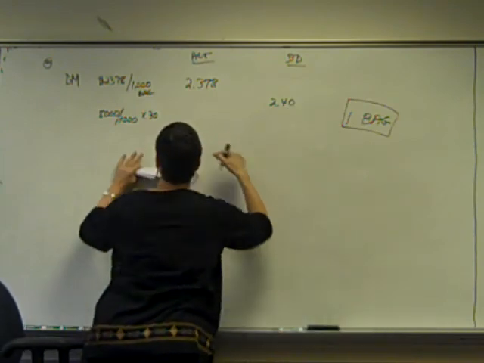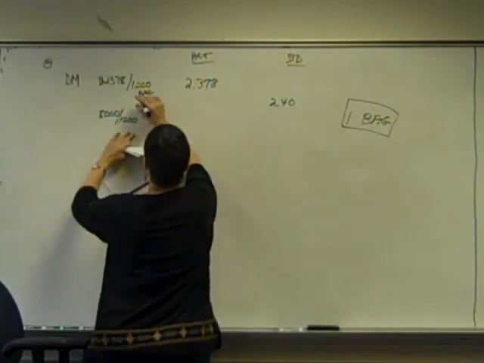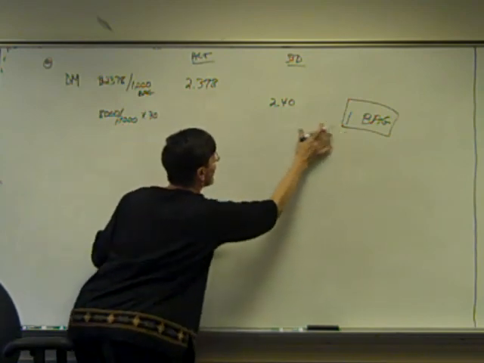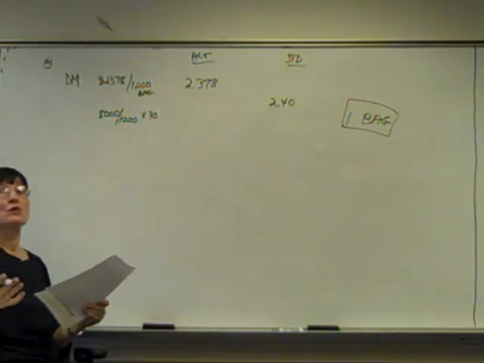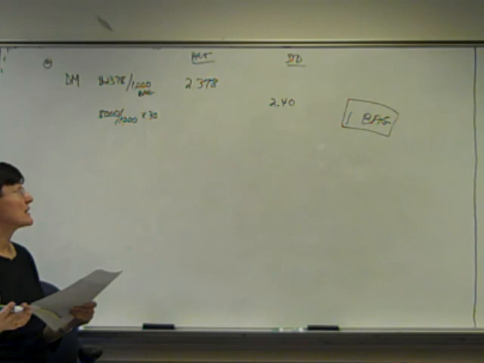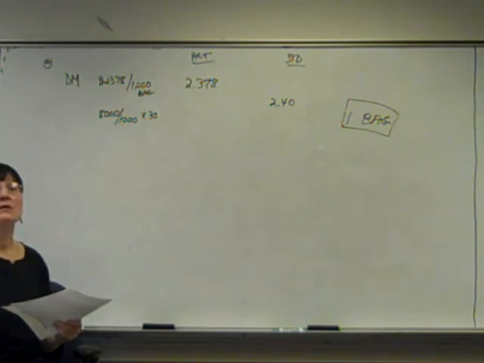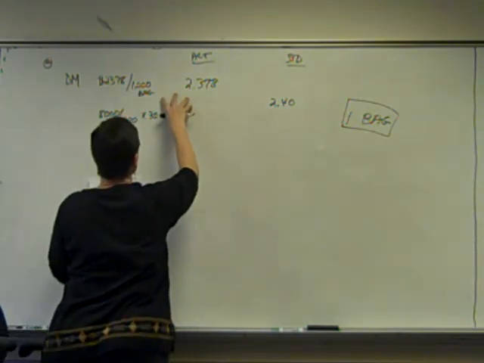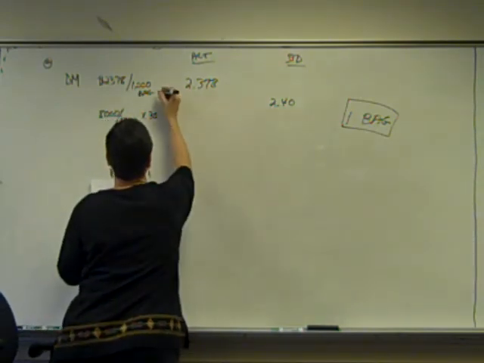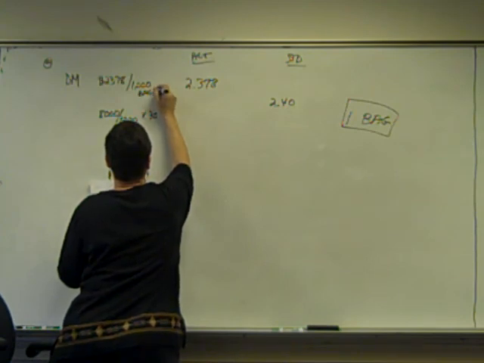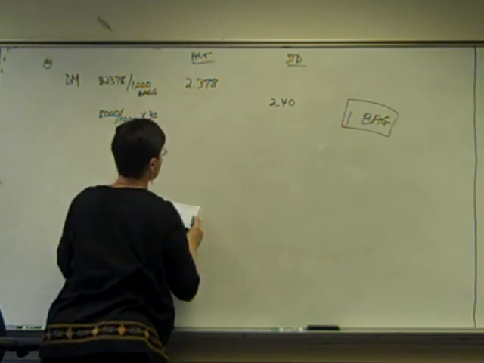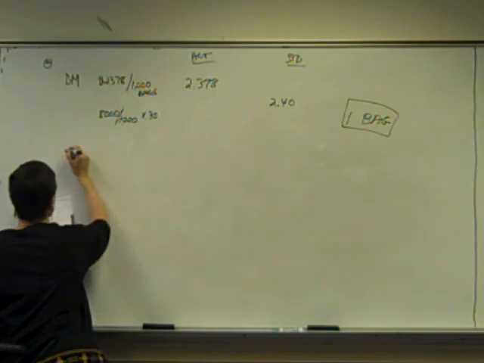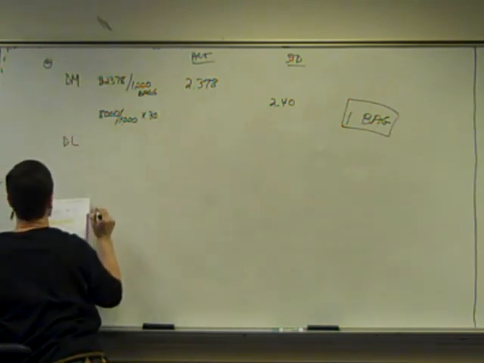Okay, so this is what companies have to do. They have to go from a batch to a unit in order to figure out on a per unit basis, because you're going to be making different numbers of units. All right, so here's the actual that was given, and there's 1,000 bags in a batch. You do the same thing for direct labor.